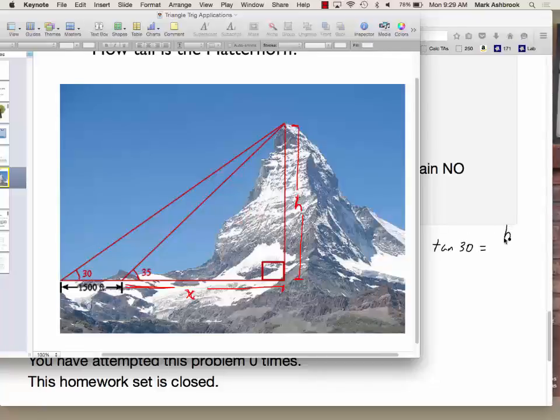H. And what's the adjacent? Okay, and how would we express that? X. There you go. Tangent 30 equals h over x plus 1500. Okay, what else can we do?